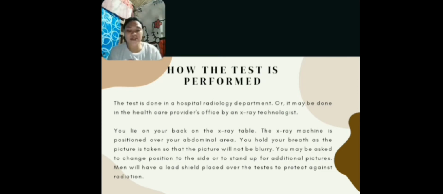The X-ray machine is positioned over your abdominal area. You hold your breath as the pictures are taken, so that the picture will not be blurry. You may be asked to change positions to the sides or to stand up for additional pictures. Men will have a lead shield placed over the testes to protect against radiation.